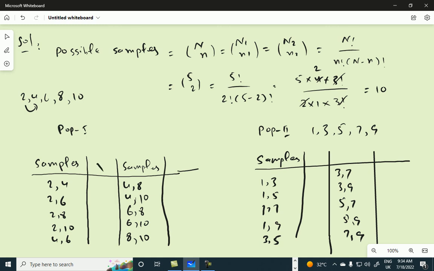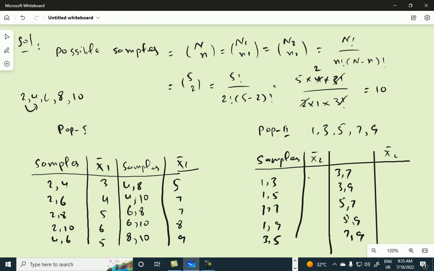Here you will get x1 bar and here you will get x2 bar. The averages of the population 1 samples are 3, 4, 5, 6, 5, 6, 7, 7, 8, 9.